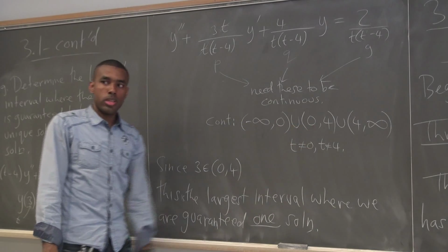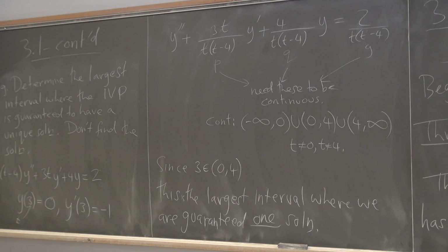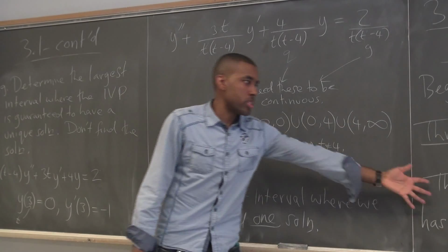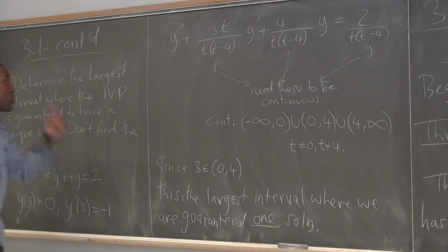That is the largest interval where we know there's only one, because that's the only interval where our initial conditions would work. And these are the only options because of this theorem. So I know this thing has a unique solution. I don't know what it is, but I know it exists, and it is somewhere between 0 and 4.